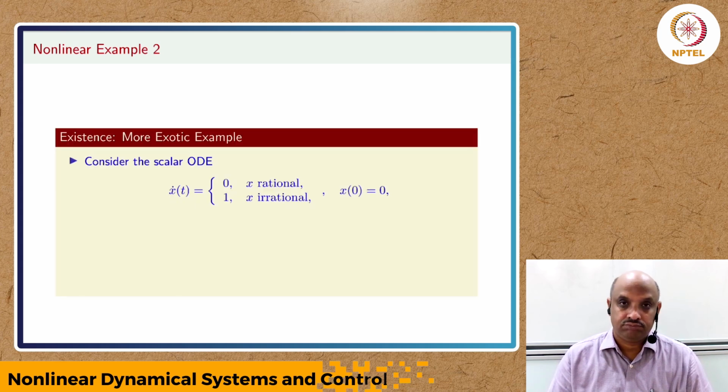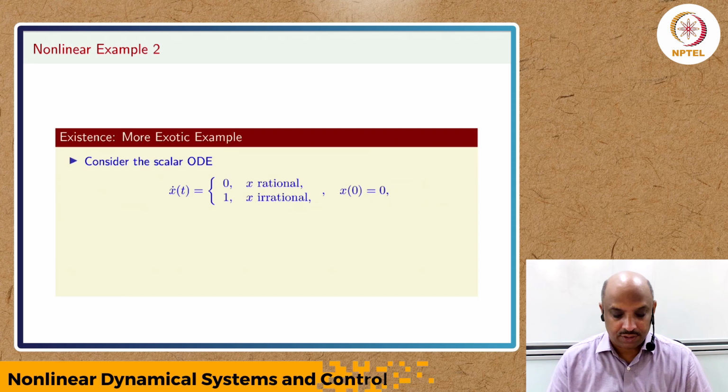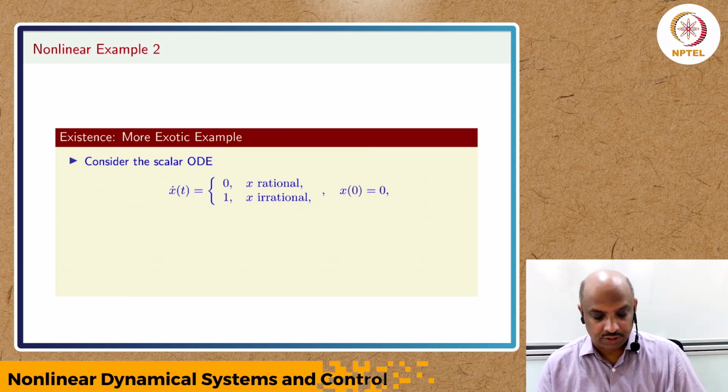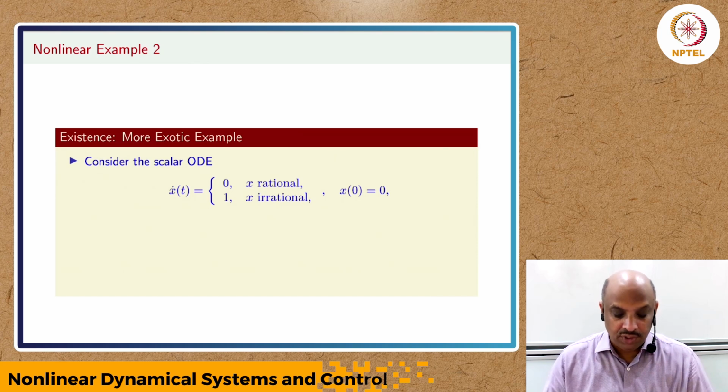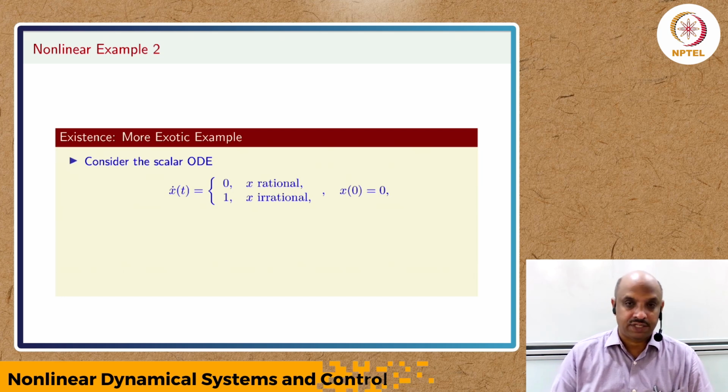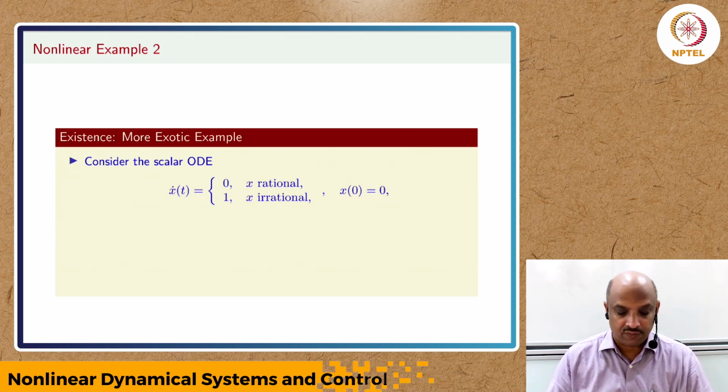So this one is even more exotic, but nevertheless quite interesting, where x dot of t, the derivative of x, is equal to 0 if x is rational. It is 1 if x is irrational. So if you look at the real line, basically everywhere the derivative is 0 except where irrational numbers are.